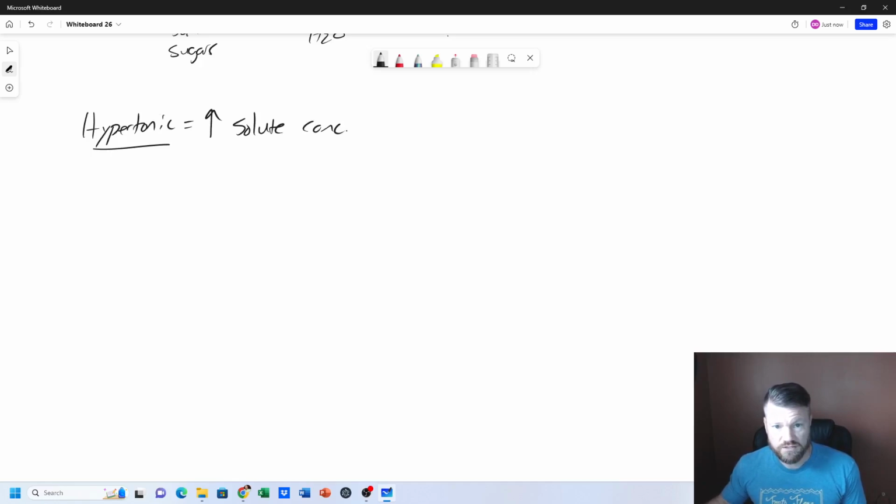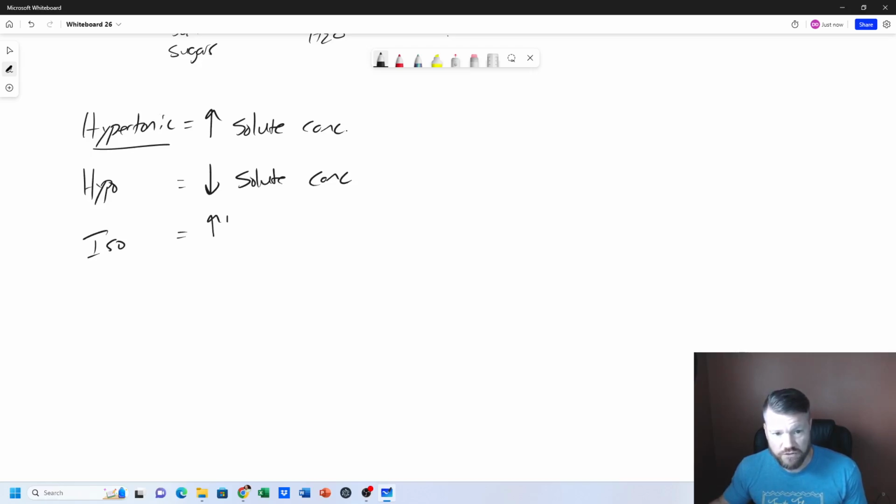Not compared to the solvent, not compared to itself, right? Compared to another solution. So then you can probably assume that a hypotonic solution has a lower solute concentration, and then an isotonic solution, the solute concentration of the two is equal.